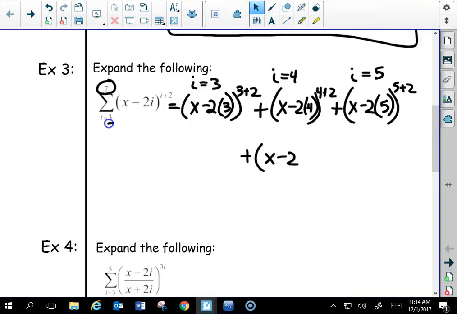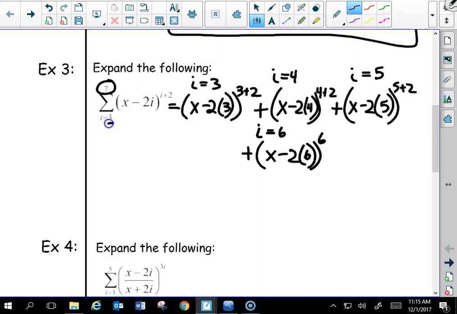Yeah, I kind of need to keep track of my indexes. i equals 5, i equals 6. And I am going to simplify that because it'll be easier to type in.